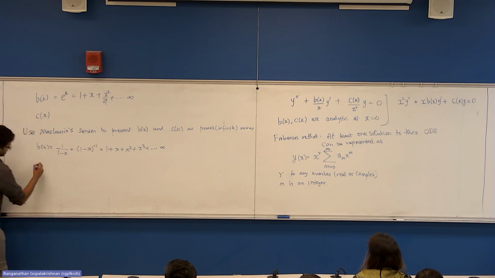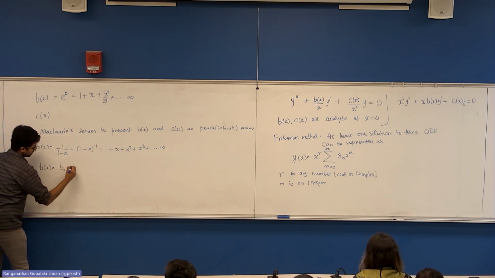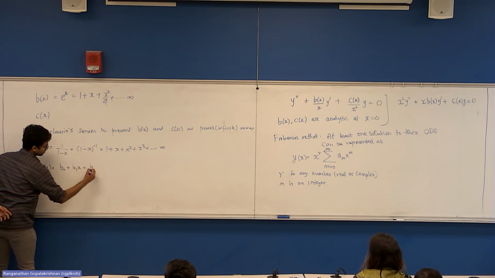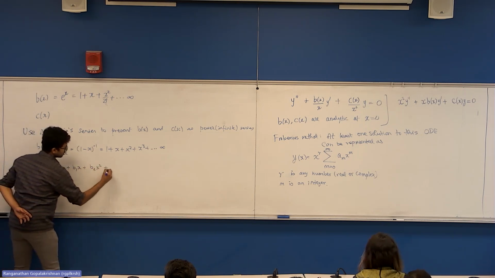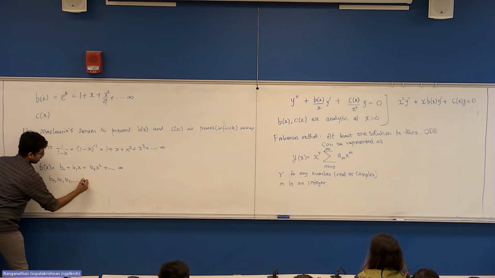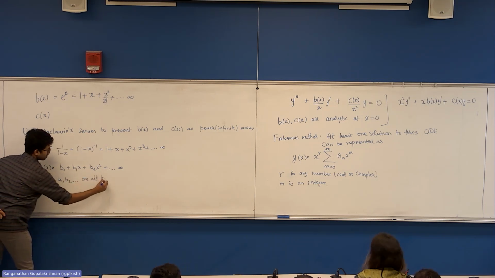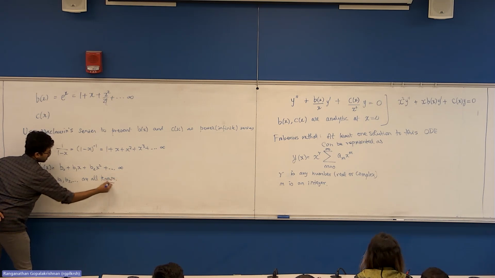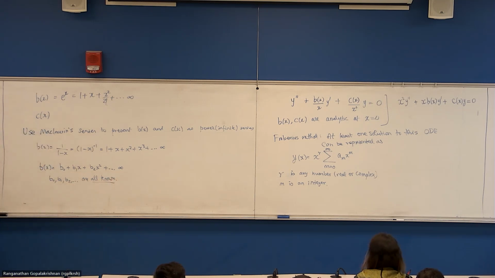So we can in general write b of x as b naught plus b1 x plus b2 x squared and so on up to infinity. b naught, b1, b2 are all known. How do you know them? If b of x happens to be e power x, what is b naught? 1.